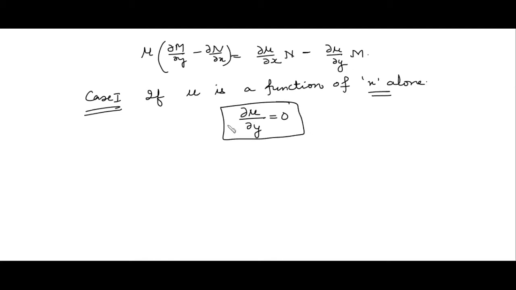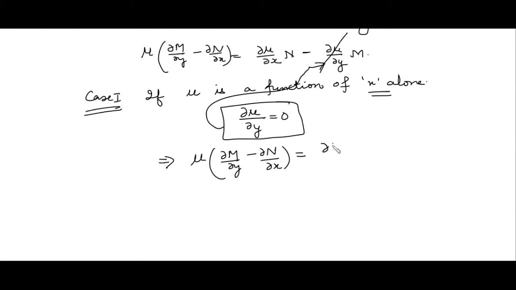Substituting over here, this term is 0. So the equation becomes mu times (∂M/∂y minus ∂N/∂x) is equal to ∂mu/∂x into N, because this term is 0 now.